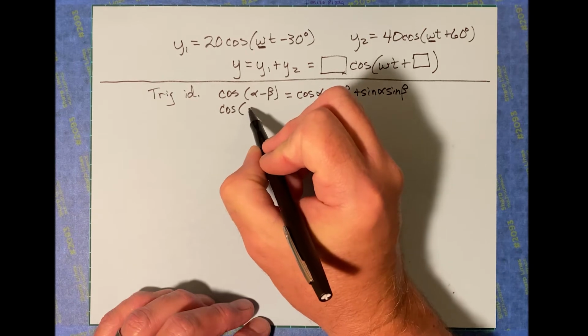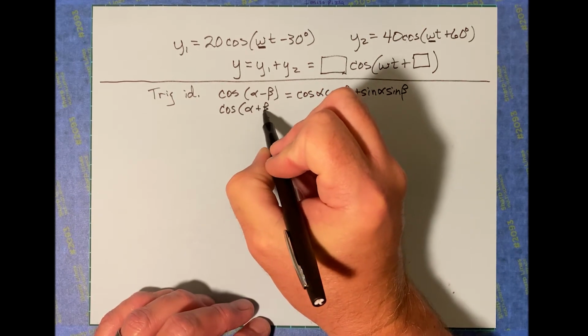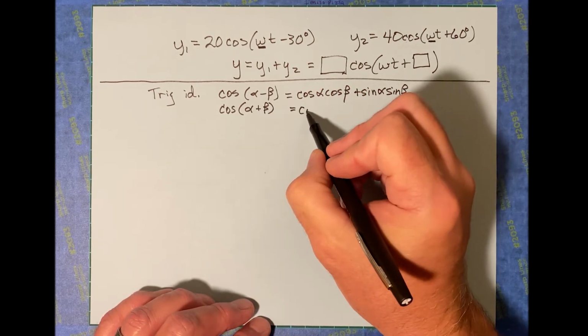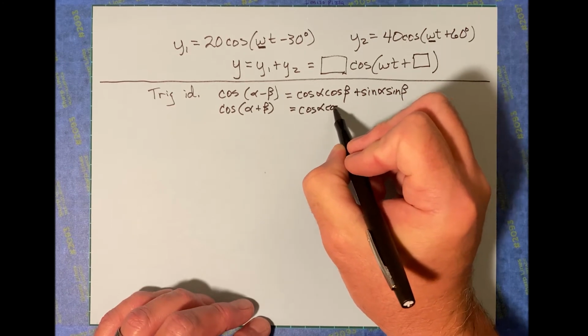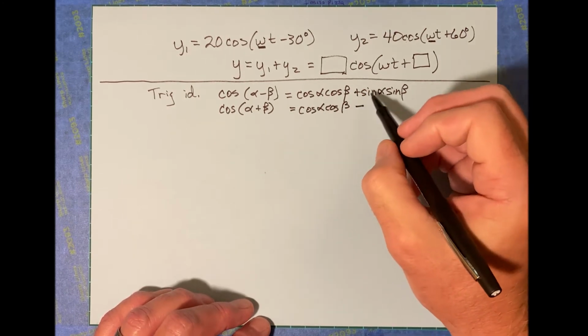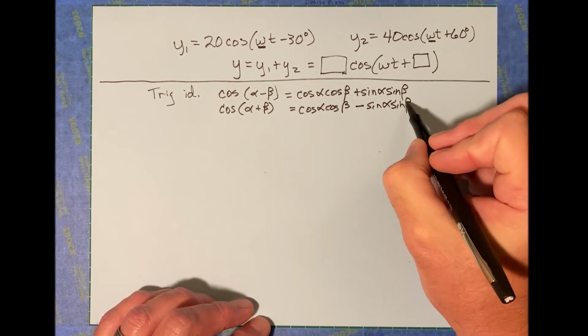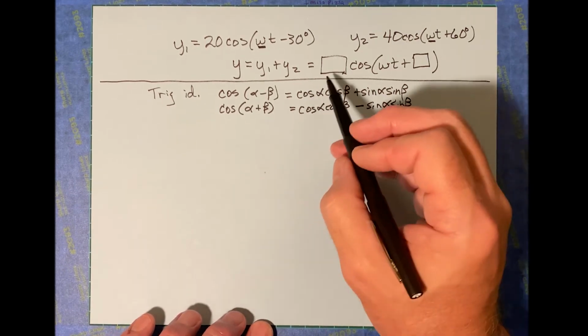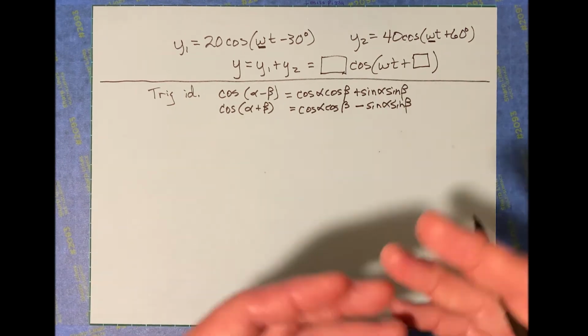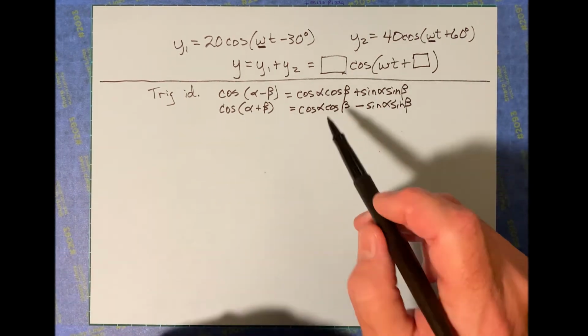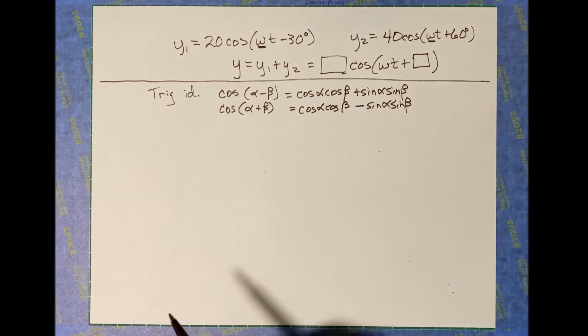The cosine of alpha plus beta is cosine alpha cosine beta minus sine alpha sine beta. So these two trig identities, you need to know in order to accomplish writing all of this as one cosine function.